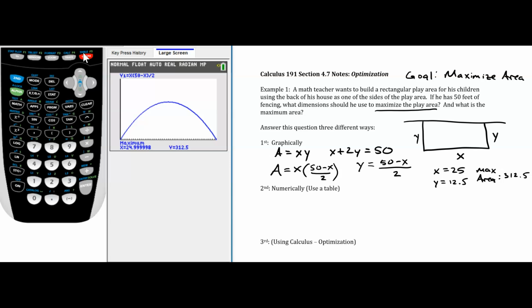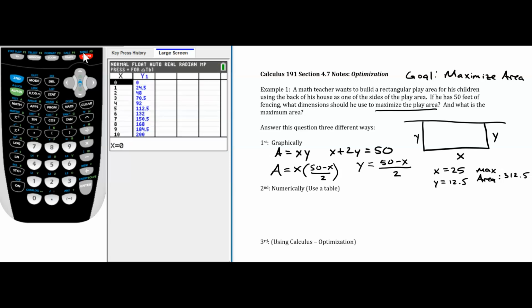So let's go into the table and observe where your y values start to be maximized. As I'm scrolling down here, you're looking at that thinking, okay, I know that my x value has got to be bigger than what I've got so far. And then finally you get to x equals 25, and you can see that y is at 312.5.